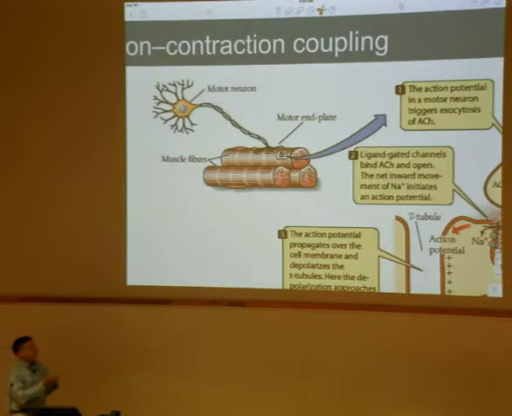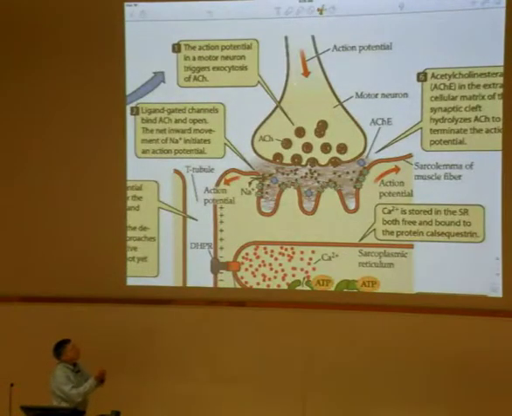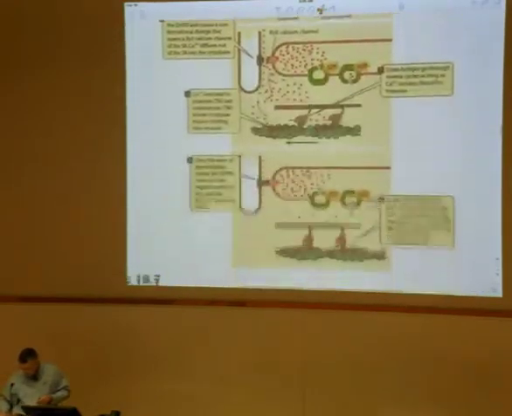So motor end plate, but actually synapses, these little blue spots here. If you look at them close up, they look like a typical axon terminal, with the action potential coming down, neurotransmitter release, and then events here. That's what was in the video you guys have watched.